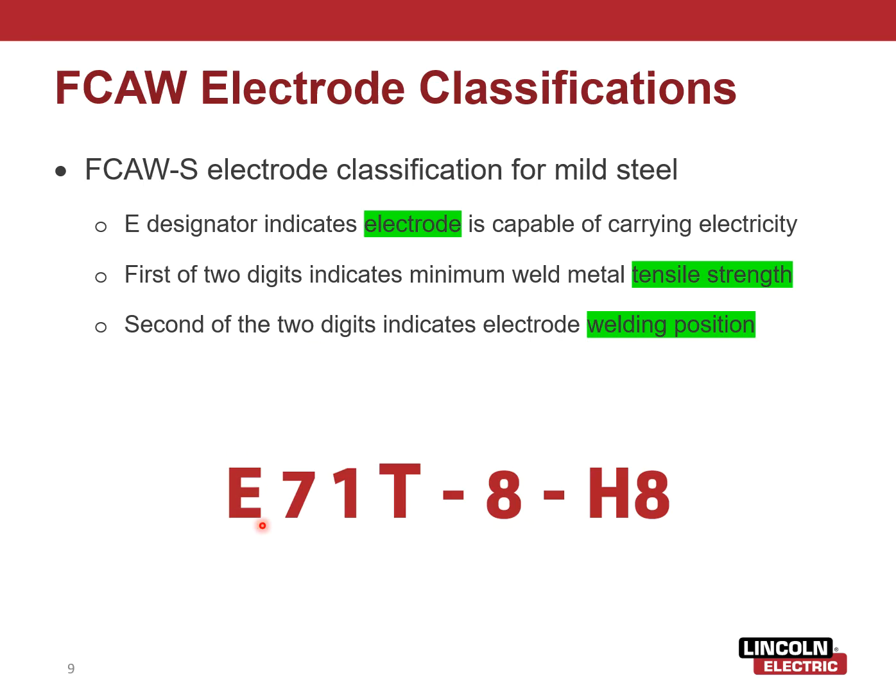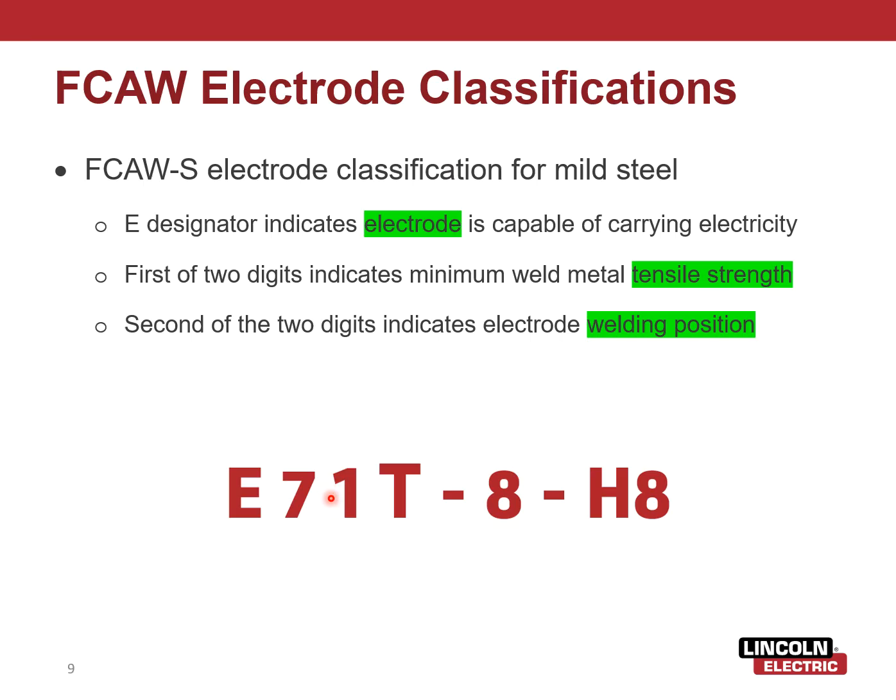So E stands for electrode, and the first two digits indicate tensile strength, so this should be familiar to you guys. The second of the two digits indicates the welding position. So first two digits 71, that's the minimum tensile strength, 71,000 pounds. The second digit is going to be your welding position.